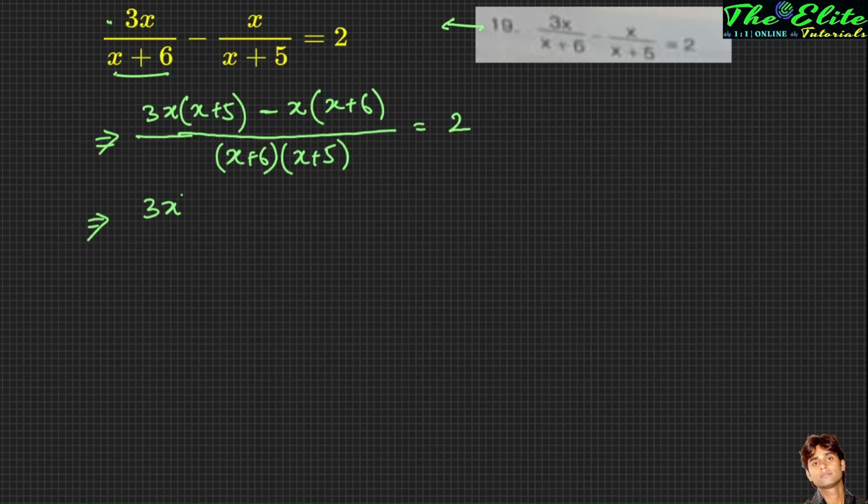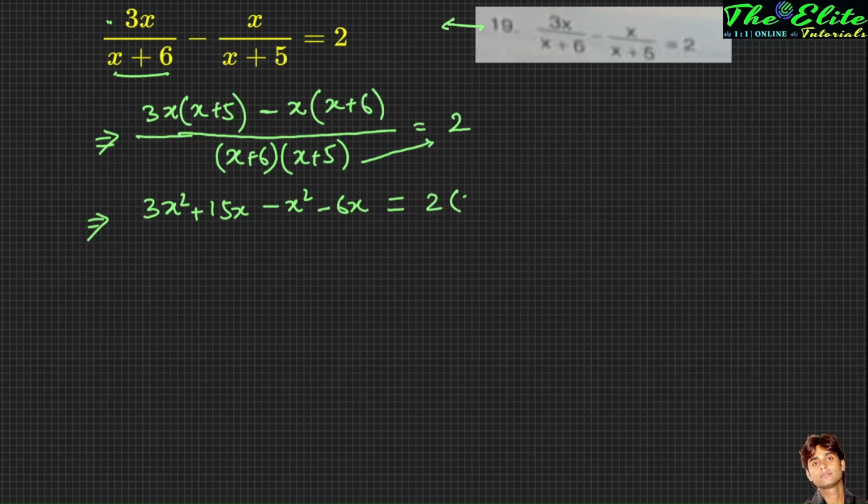It will give you 3x square plus 15x, and here x square minus 6x. We could write this as x plus 6 multiplied by x plus 5 on the right, but why take one more extra step?